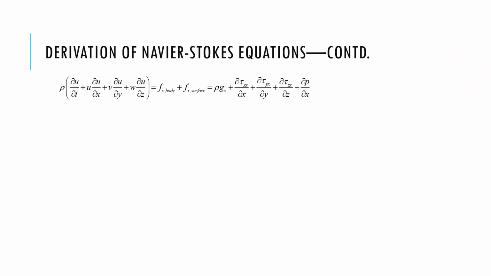Now I will just rewrite the equation from the previous slide just to make it convenient. So we have all the same terms here. Now notice that so far everything we did has nothing to do with the type of fluid.